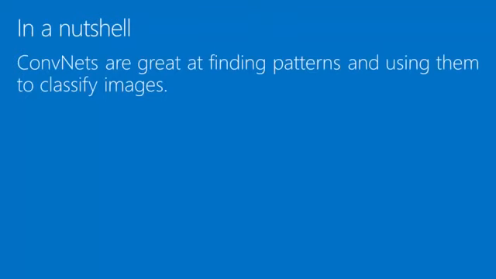The takeaway is that convolutional neural networks are great at finding patterns and using them to classify images. If you can make your problem look like finding cats on the internet, then they're a huge asset.